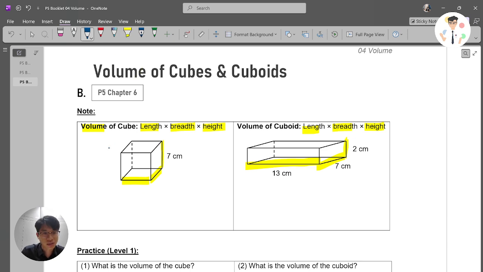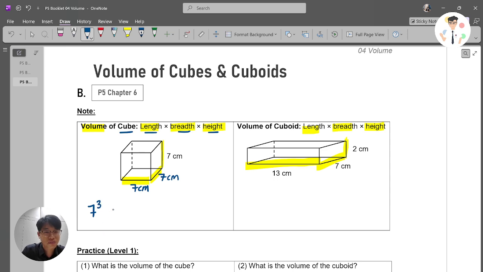So in this case, volume of cube. But teacher, I only know what is here, I don't know what is here and here. Hello, this is a cube, so I know that all of these will be the same. In this case, 7 cm, so here will also be 7 cm, and here will also be 7 cm. So you can write 7 cube.